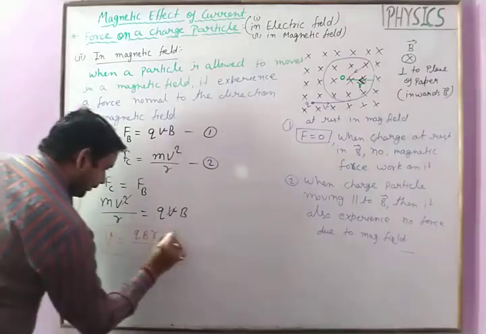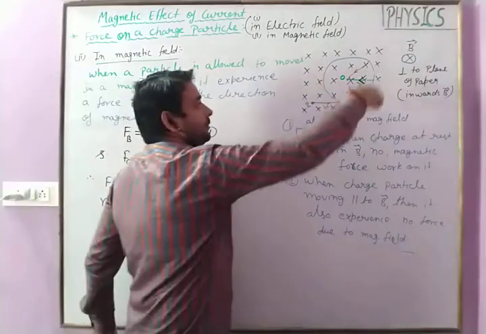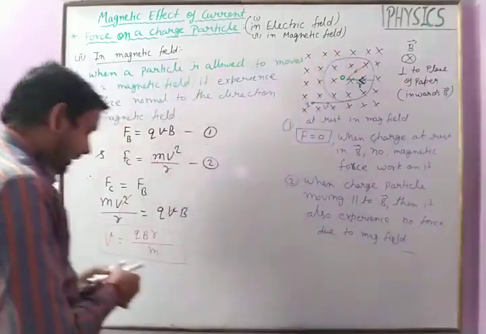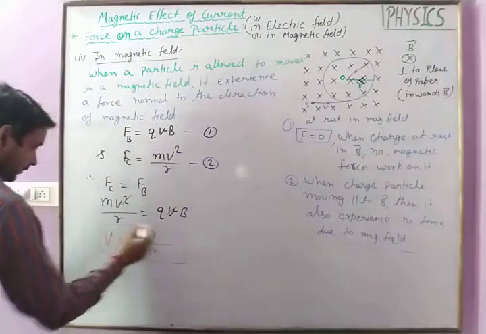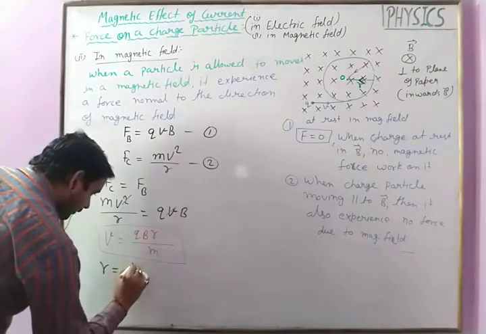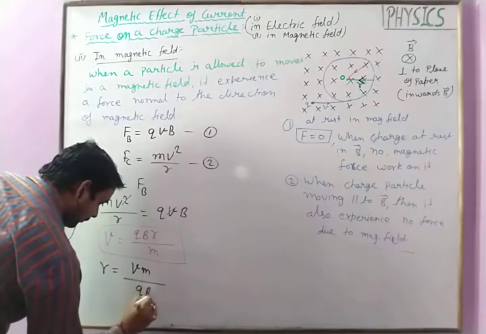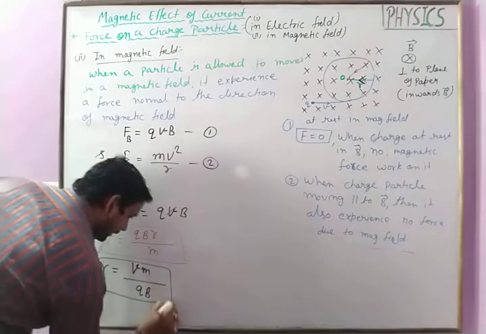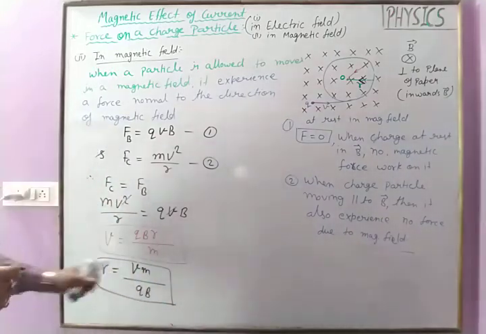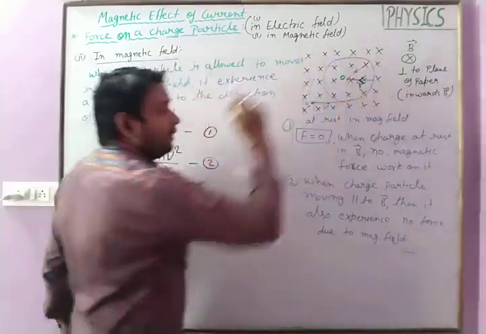This is the velocity of the particle in the circular path in the magnetic field. Now the radius of the path, r, is equal to mv upon QB. This is the radius of the circular path in which the charged particle moves in the magnetic field.